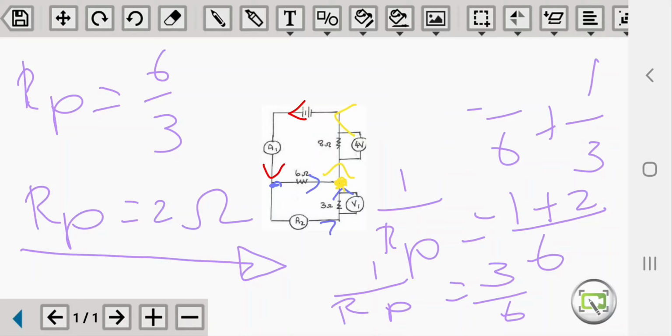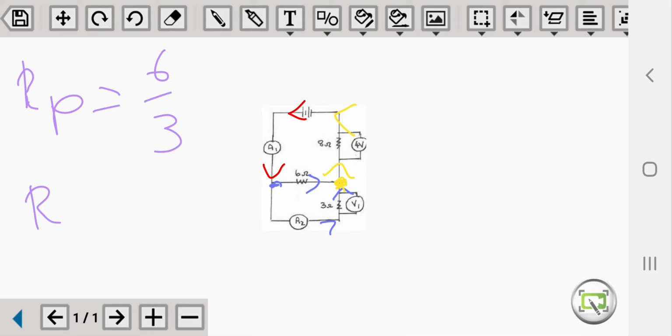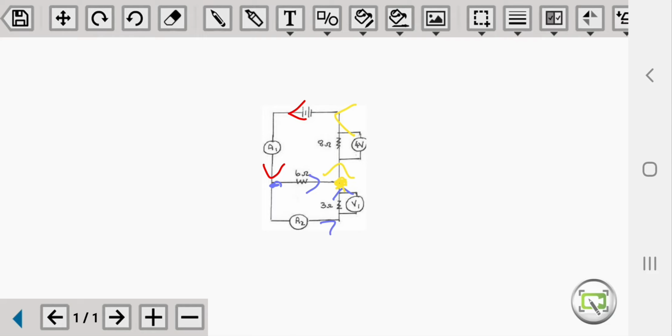We need to calculate the resistance in series as well, so that we can add it to the parallel resistance and get the total resistance of the circuit. So let's have a look at the resistance that we do have in series here. We only have the 8. And then we treat the final 2 ohm that we just calculated in the purple part as being in series with the 8 ohm.